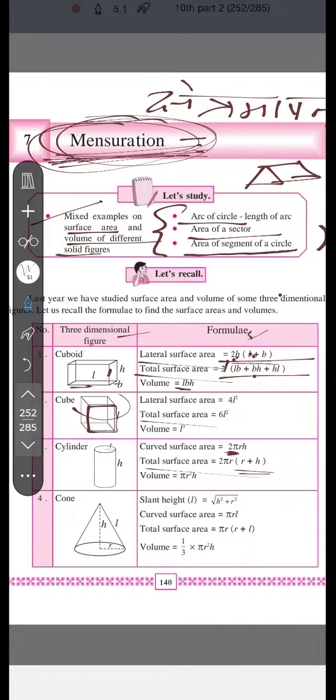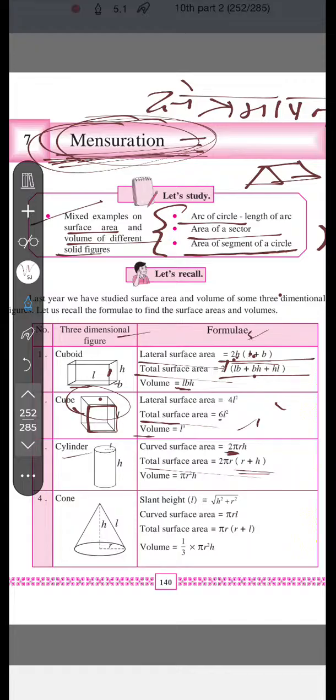Lateral side means only this one. Total surface means all the sides. How many sides does the cube have? It has 6, therefore 6L square, and the volume of that is L cube, or you can say side cube.